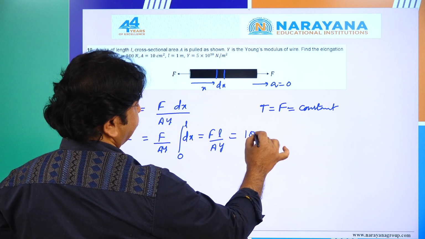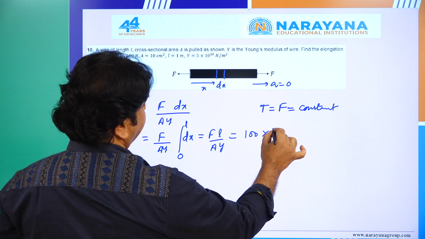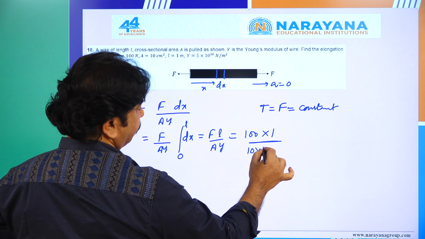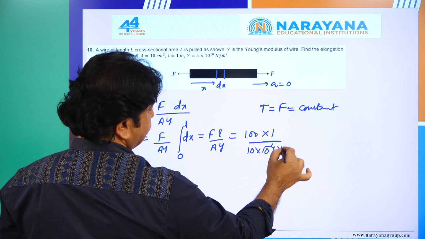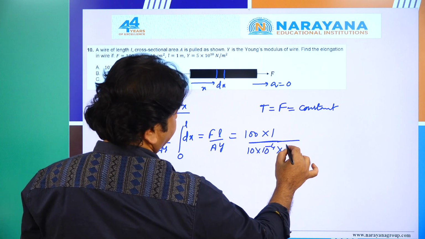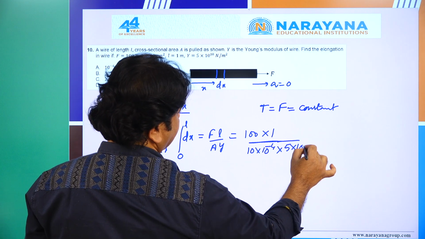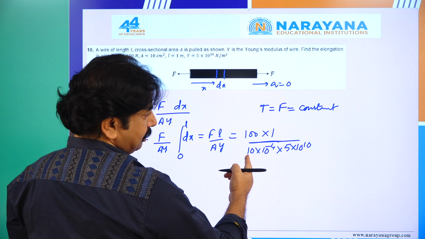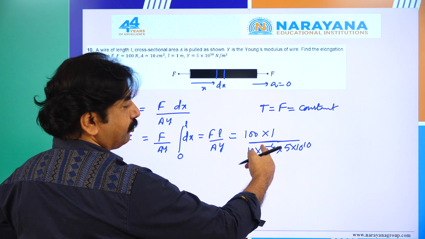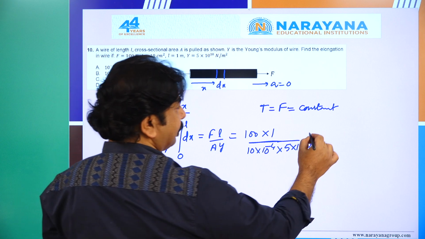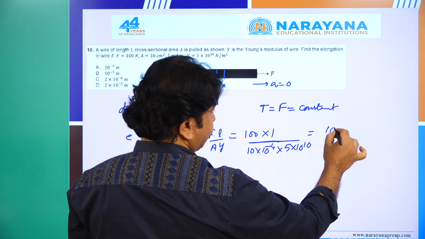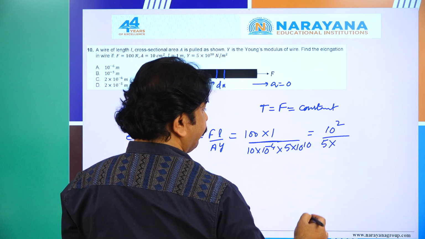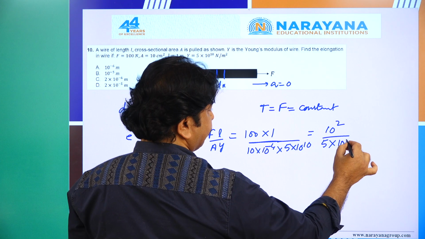F is 100, L is 1 meter, A is 10 centimeter square, 10 into 10 to the power of minus 4, Young's modulus Y is 5 into 10 to the power of 10. So 10 squared by 5 into 10 to the power of 7.